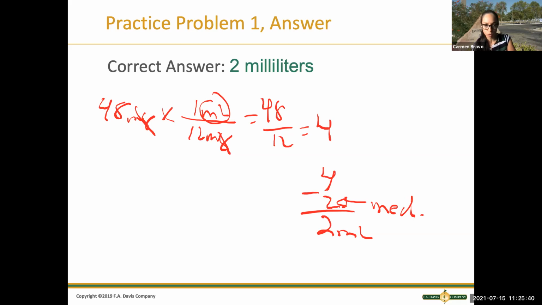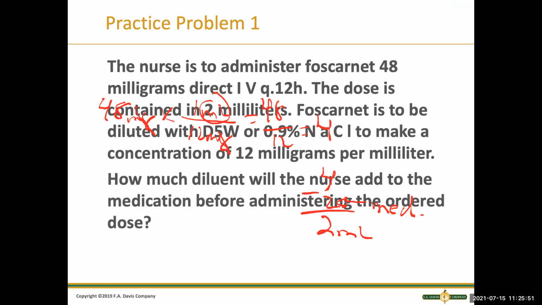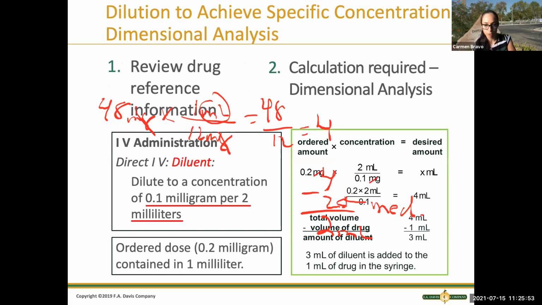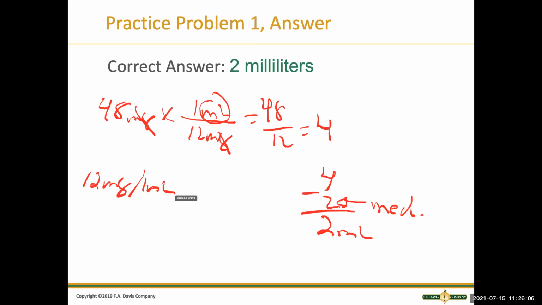For every 12 milligrams you want to make a concentration of 12 milligrams per milliliter. That's what you want to make.